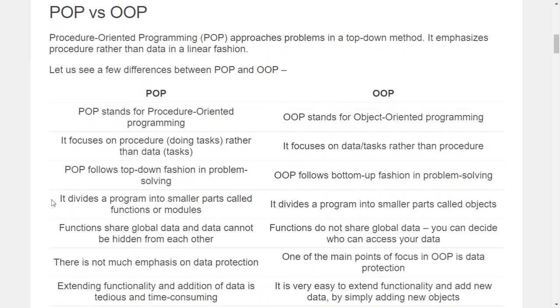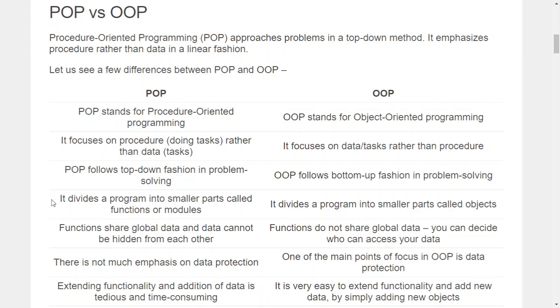POP stands for procedure oriented programming, whereas OOPS stands for object oriented programming. POP focuses on the procedure rather than any other kind of task, so we can do only procedure kind of task, whereas OOPS focuses on data rather than procedure.